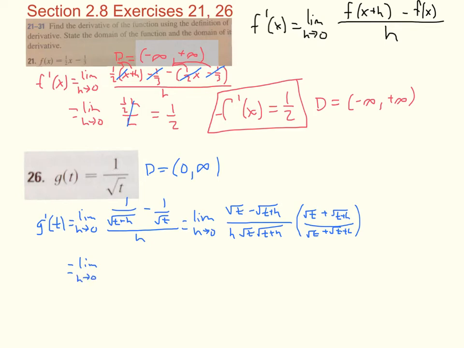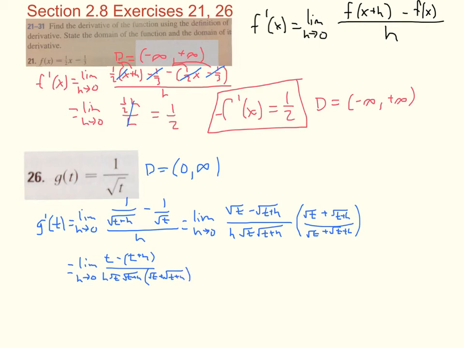When we multiply the top, we have a difference times a sum, which is going to give us the difference of two squares. So we're going to have t minus t plus h. And on the bottom, we just have that whole lengthy thing, h root t plus h times the square root of t plus the square root of t plus h.